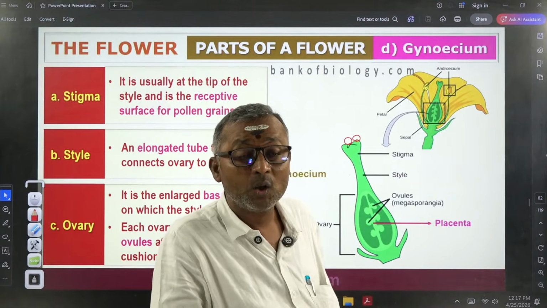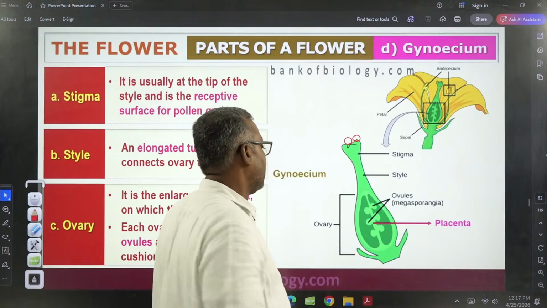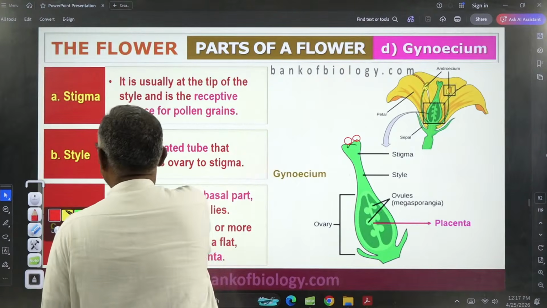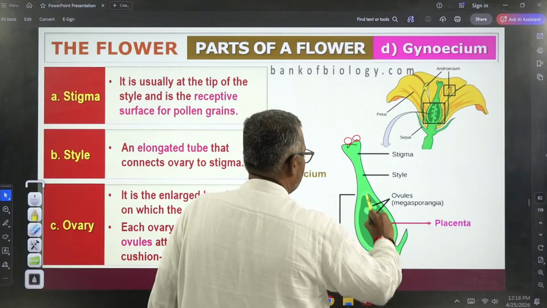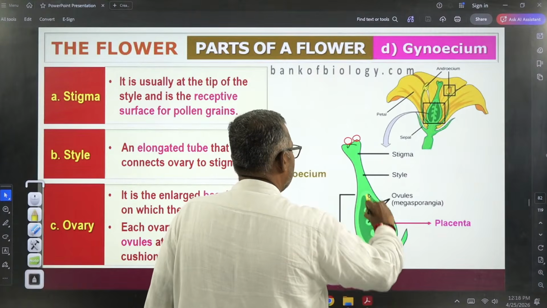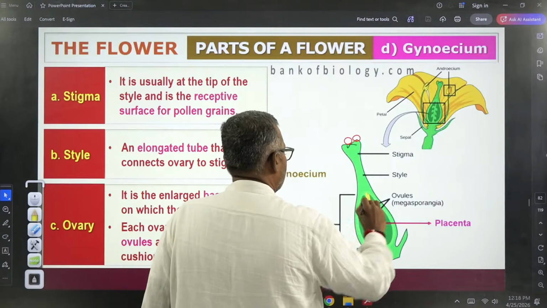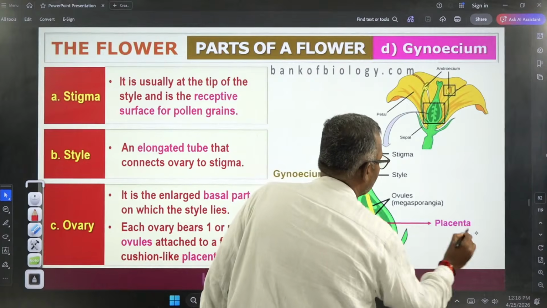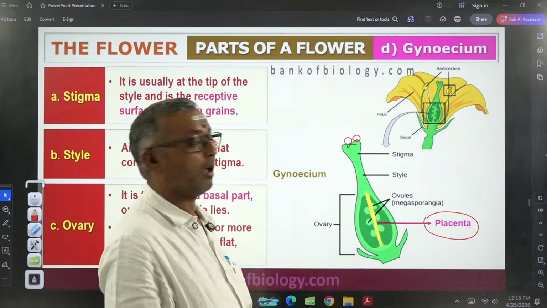What is present there? Cushion-like tissue. Now this cushion-like tissue present inside the ovary, you can see here. I will just mark it with a yellow colored marker. Look here. This is a cushion-like tissue present inside the ovary. Understood? Now this cushion-like tissue itself is called placenta. What is it called? Placenta.